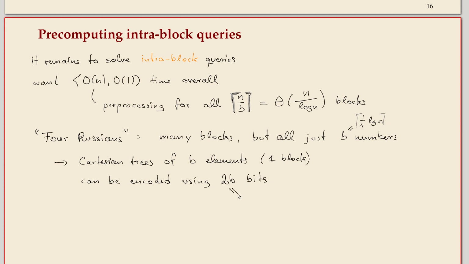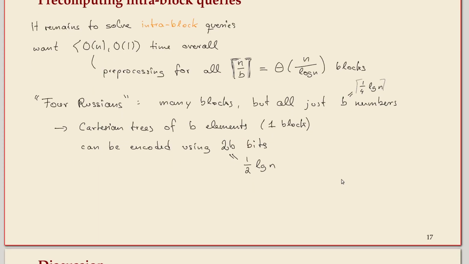And that's still a fairly small number. That's log n divided by 2. Now, why is that interesting? That means there's not so many different Cartesian trees.